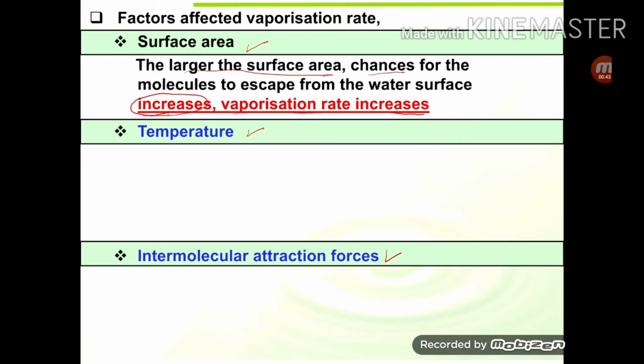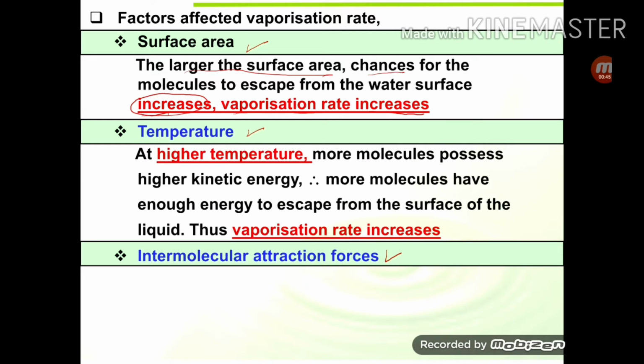Number two, temperature. At higher temperature, more molecules possess higher kinetic energy. So, more molecules have enough energy to escape from the surface of the liquid. Vaporization rate increases.